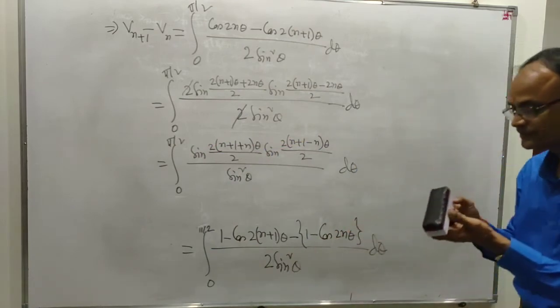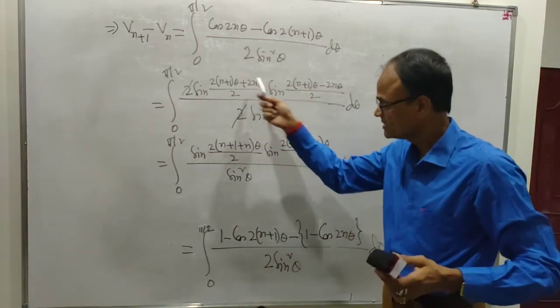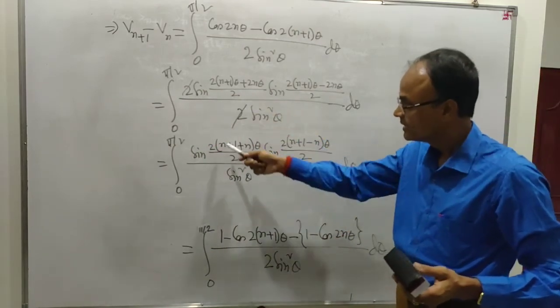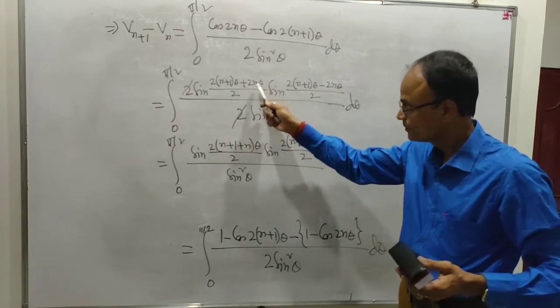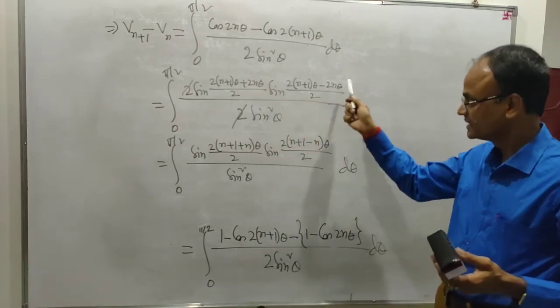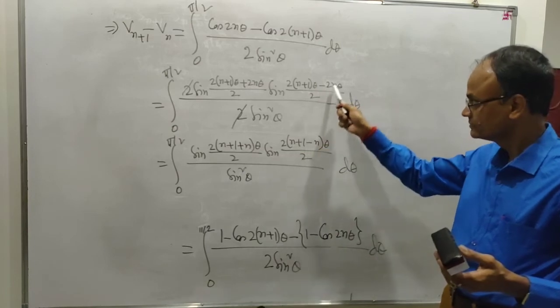Can I write like this? Twice theta is common, n+1+n. Twice theta common, n+1-n.